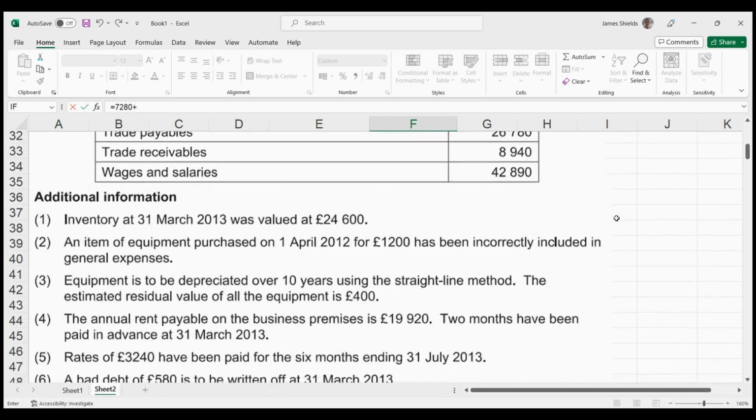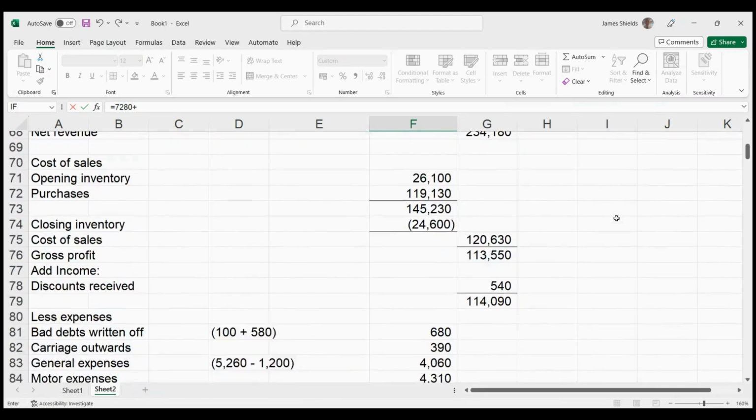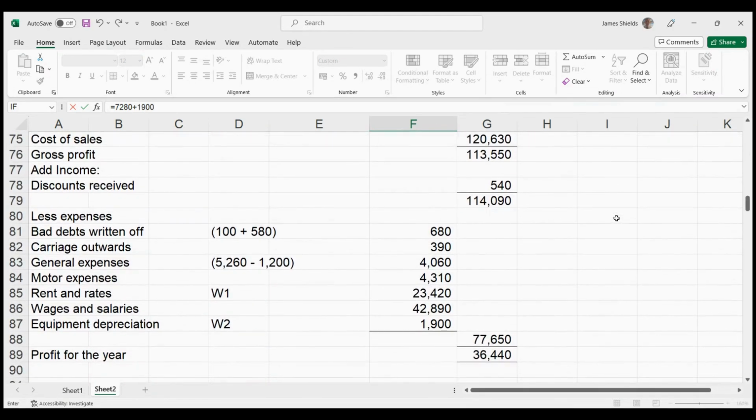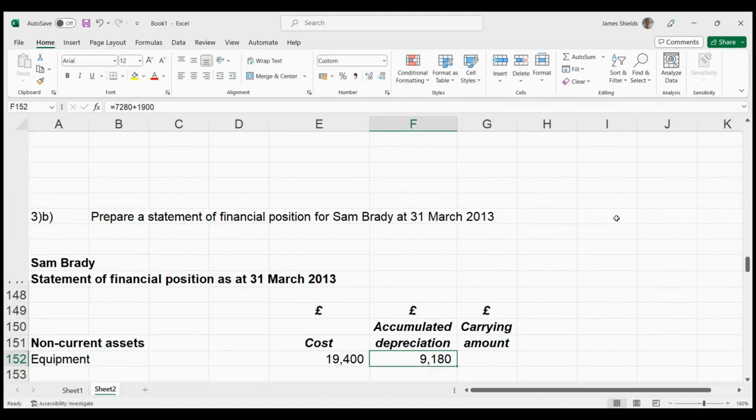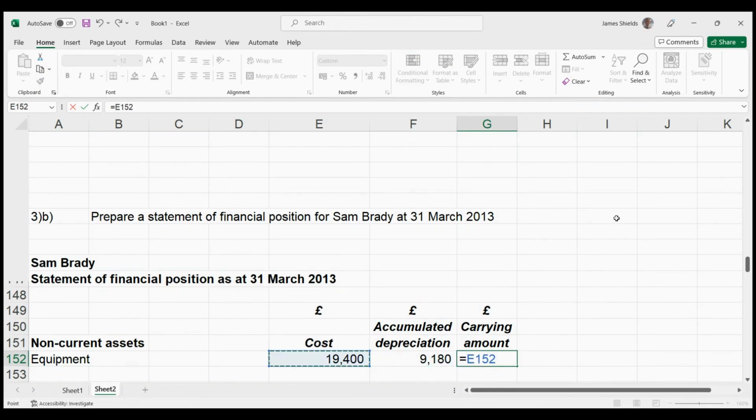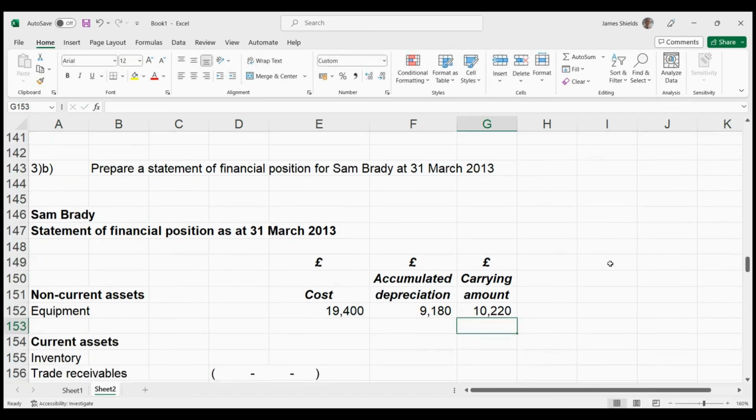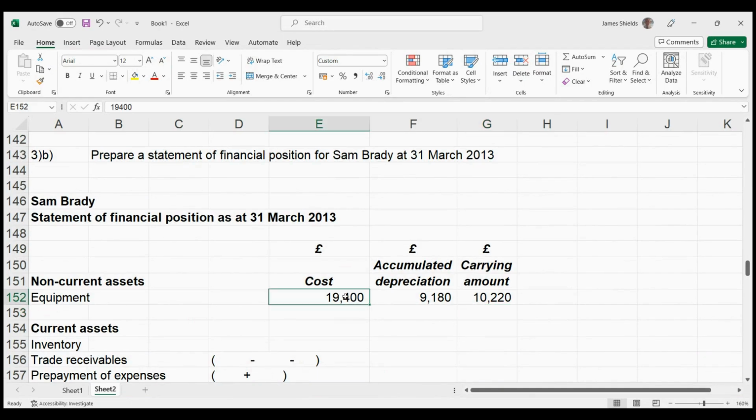Then we add on the depreciation from the income statement for the year of 1,900. And that comes to £9,180. The carrying amount is your cost of 19,400, take away your accumulated depreciation of 9,180 to give you £10,220. Now, the cost and accumulated depreciation we can underline because we're not going to use them anymore.